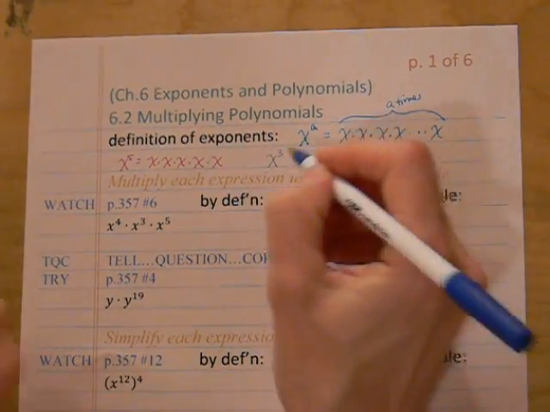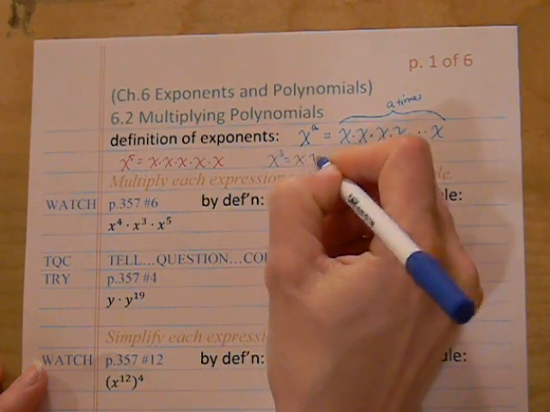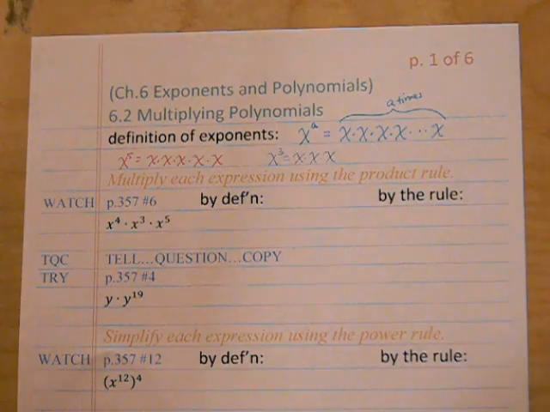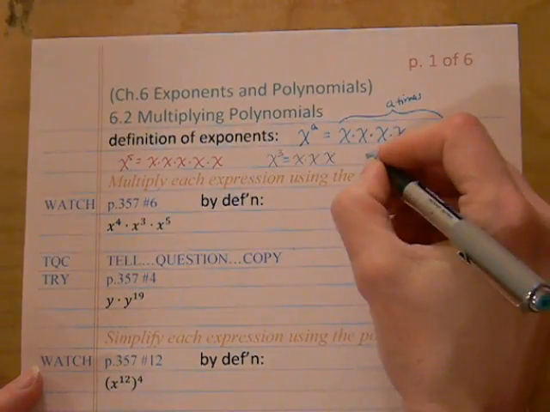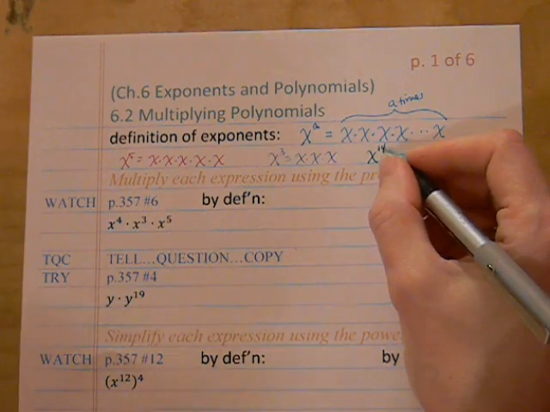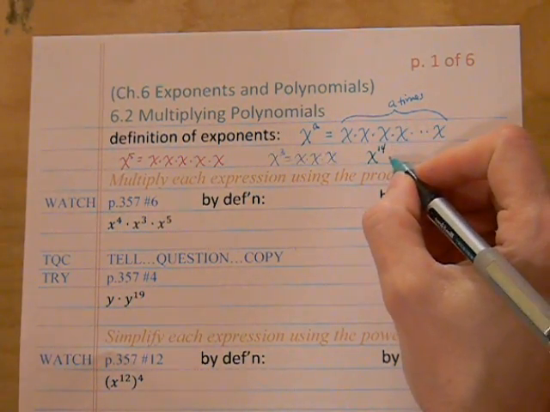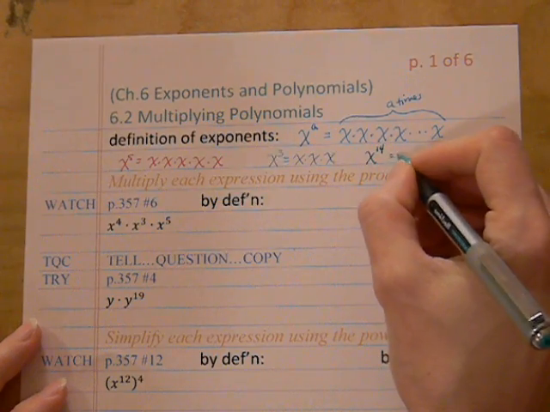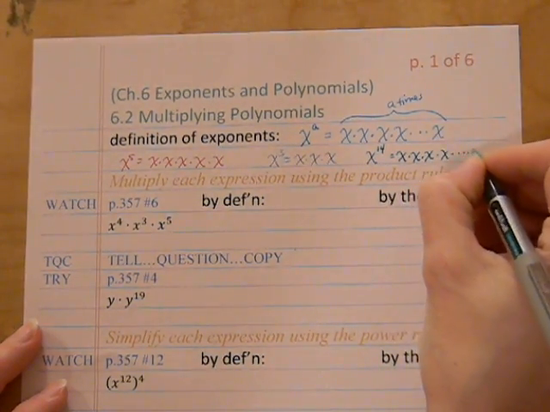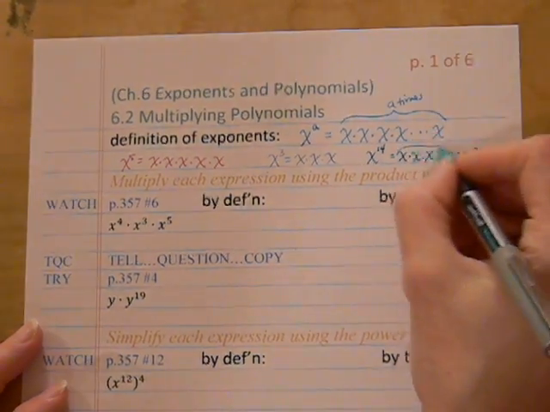X to the third, or x cubed, would be another example. X times x times x, 3 x's multiplied together. X to the 14th: as soon as these numbers start to get big, you realize the need for this kind of notation, because writing out x to the 14th by definition, x times x times x times x, on and on and on until you've done that 14 times.